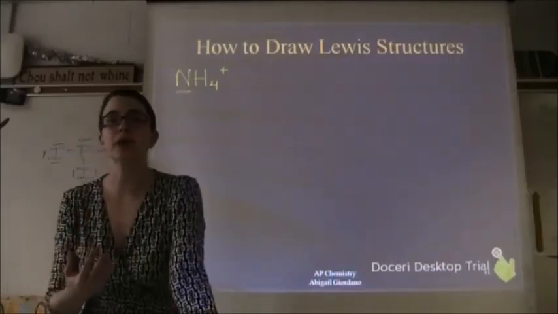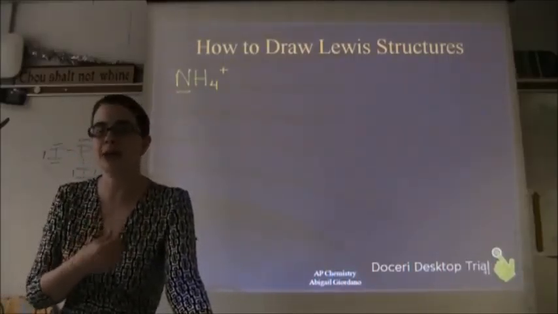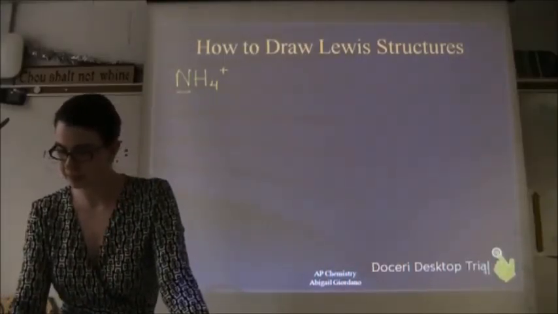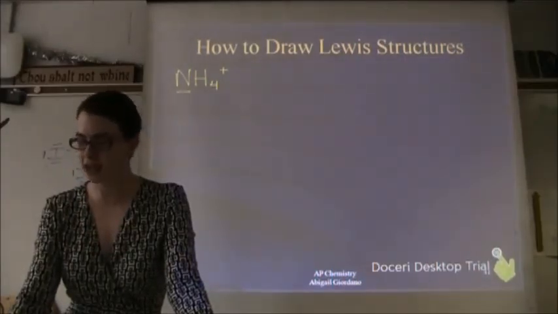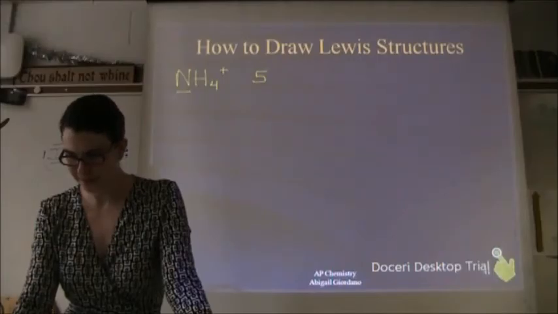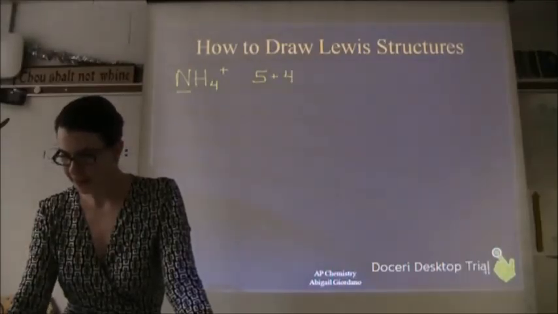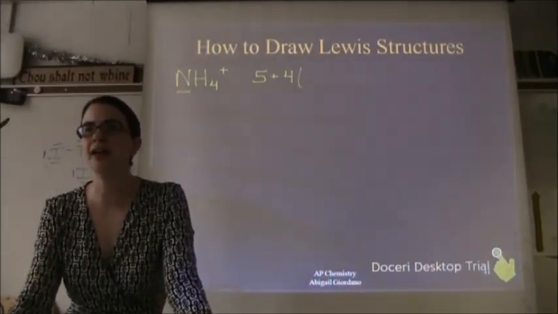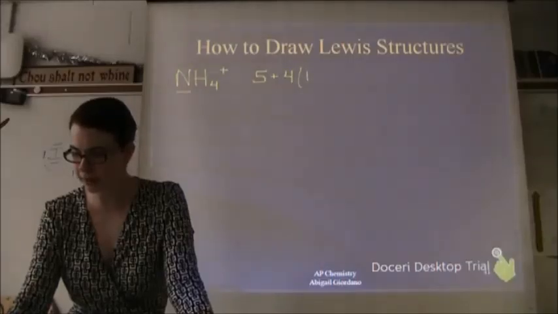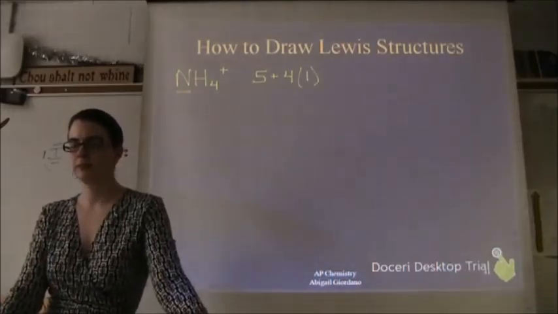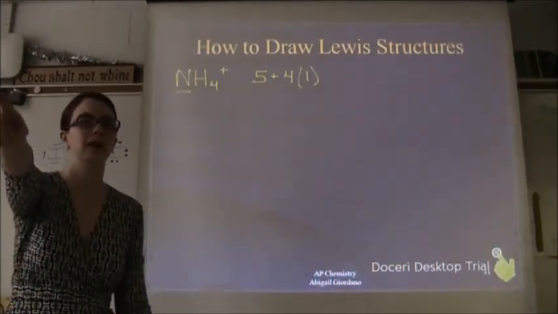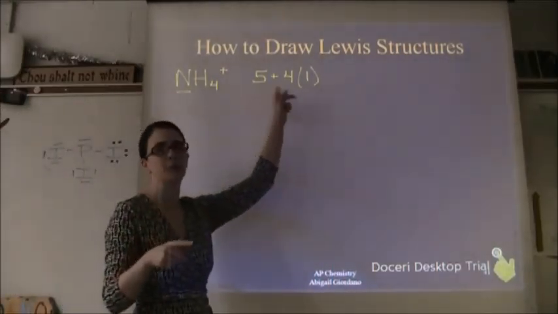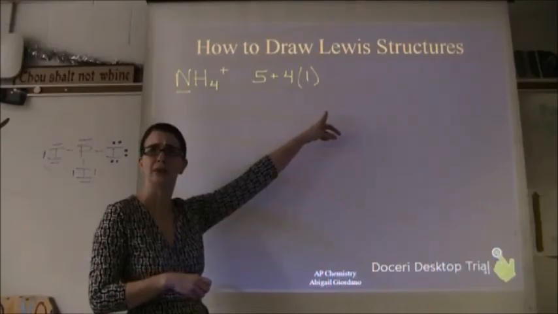Let's tally up total electrons. Nitrogen has how many valence? Dude, come on. How many? 5. Thank you, 5. And each hydrogen has just 1. But what? That's an odd number. That's a problem. You can't make pairs with an odd number.